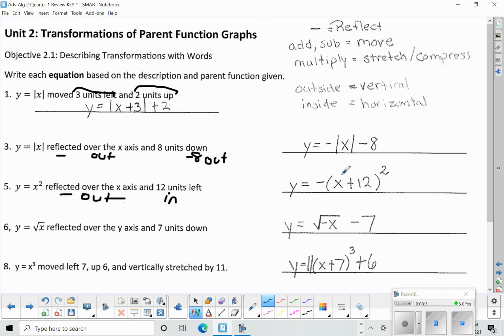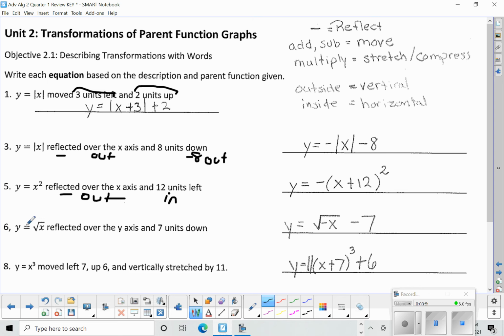So that's where I need my parentheses. So I put the negative, and then I put a parentheses, x. I'm moving to the left. Left is where our negative numbers go, but remember my x lies to me, so it's x plus 12 on the inside. And I can't forget my squared out here. If you forget your squared, or you make it cubed, it's not the same parent function. We want that parent function.